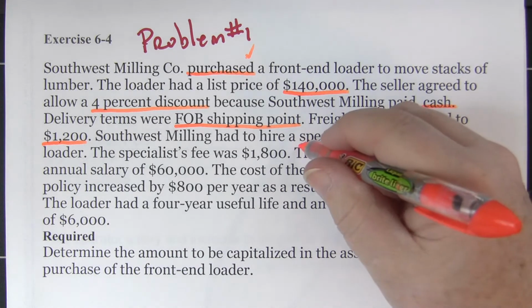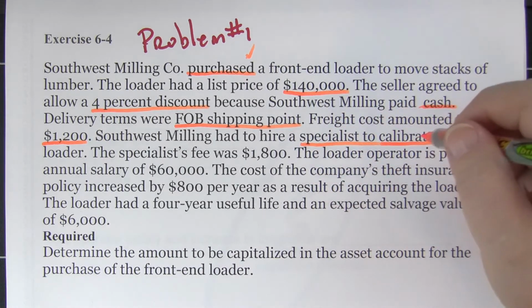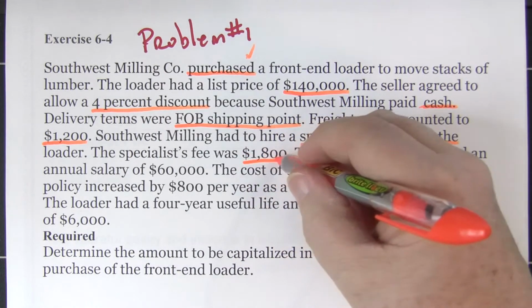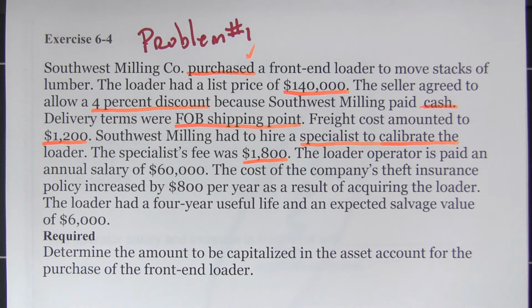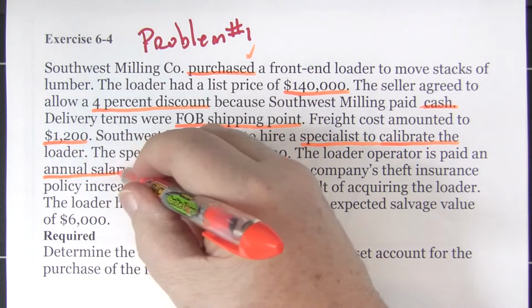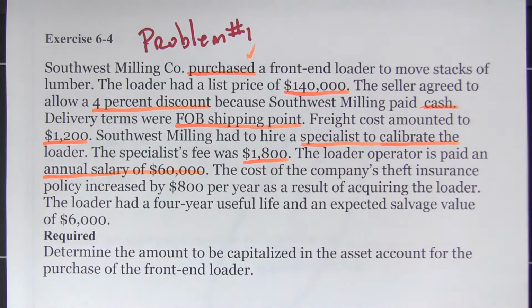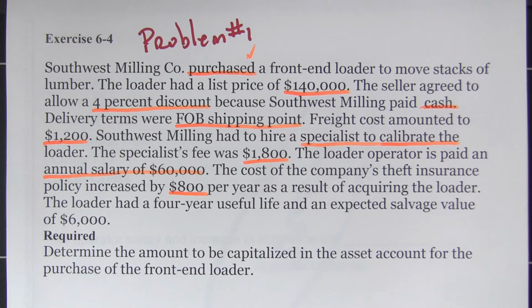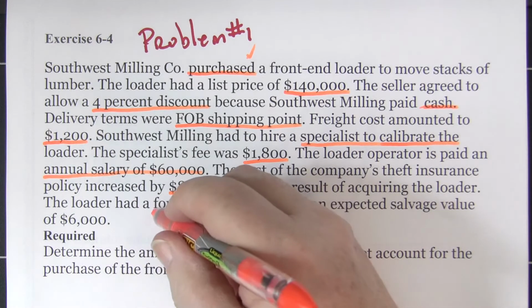So if we had to hire a specialist to get the thing up to running order, we're going to include that. The operator is paid an annual salary of $60,000, and the theft insurance increased by $800 because of the loader, and it had a 4-year useful life and an expected salvage value of $6,000.